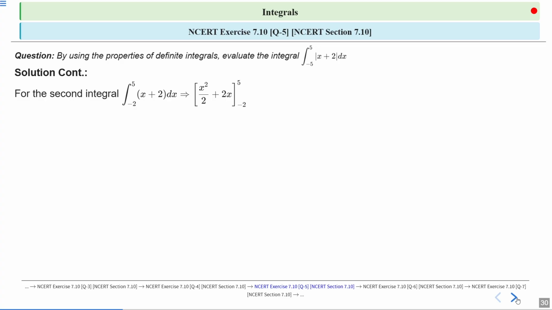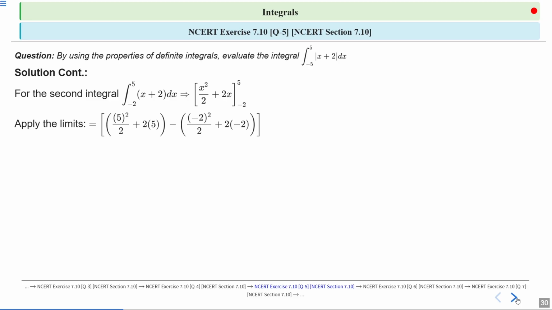Now for the second integral, from -2 to 5 of x + 2 dx, it becomes x squared by 2. Integration of x is x squared by 2 and integration of 2 is 2x. Upper limit is 5 and lower limit is -2. So apply the limits. In place of x, at first put 5, then minus the value at the lower limit.